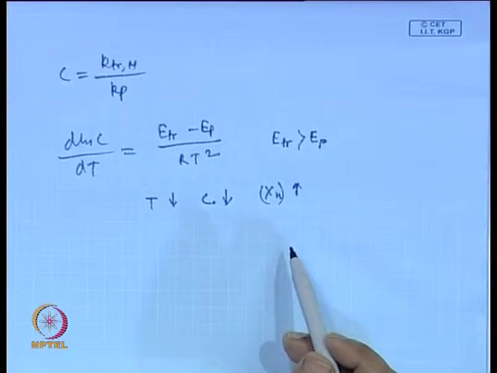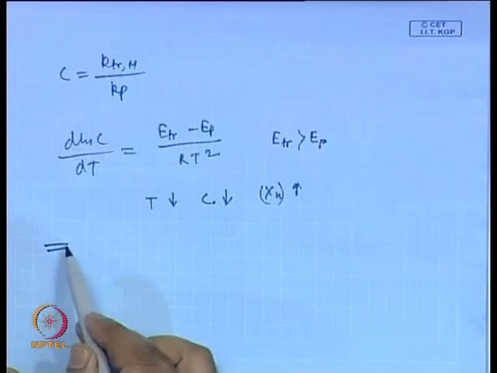Now, whether that also simultaneously increases the rate of polymerization depends on the value of the activation energy for the reactions. If it is negative, then with decreasing temperature you get an increase in polymerization rate, but if it is positive, then with decreasing temperature you get a reduction in the polymerization rate.